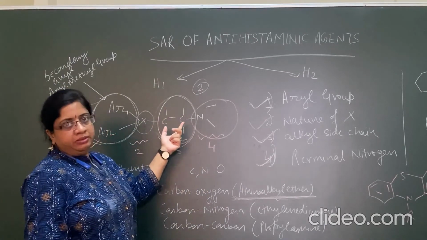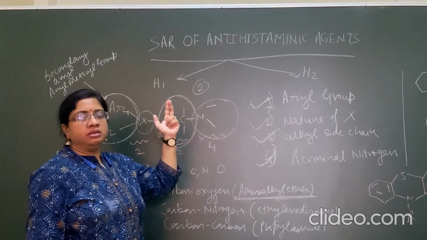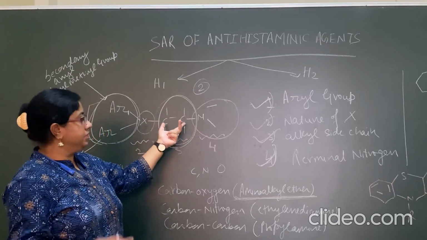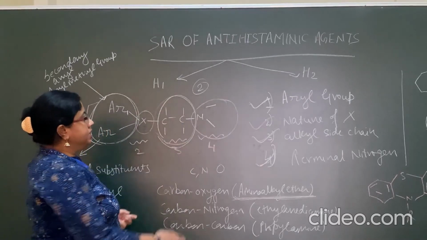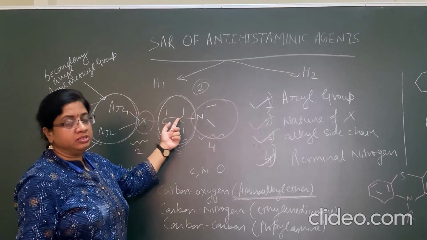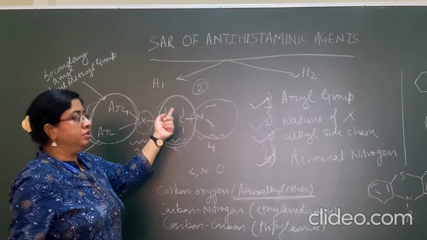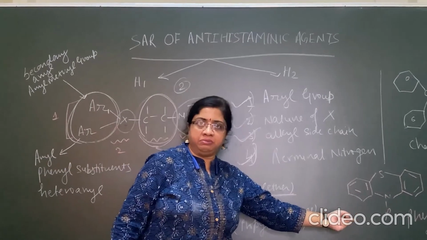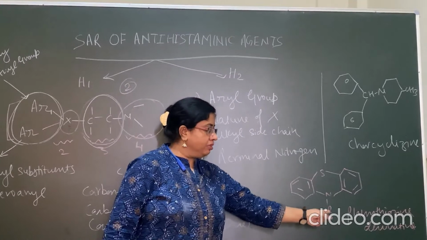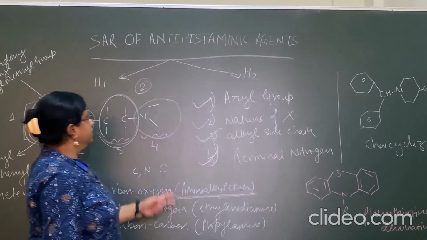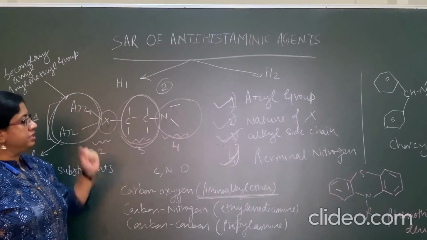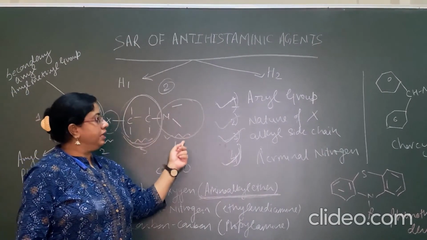It can be 3, but if you extend the number of carbon atoms beyond 3, then the activity will decrease. If you branch this carbon chain, then the activity will also decrease. But there is an exception here also. An example is the phenothiazine derivative. Here you see the R, where branching is possible. So this is the alkyl side chain.